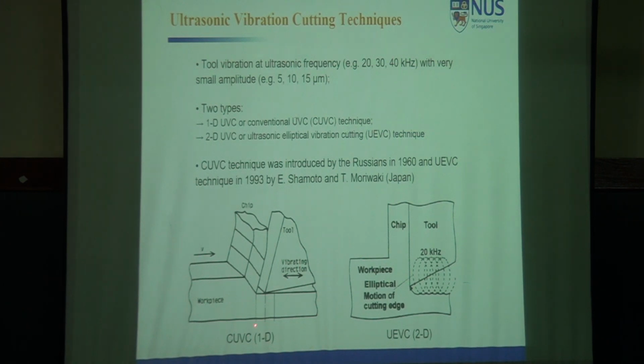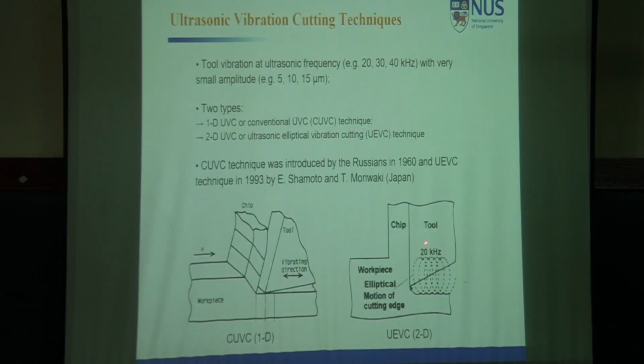Ultrasonic vibration device, one-dimensional, it is just moving in one dimension, hitting the tool at the same point, and tool wear is very fast, because the cutting force is large. When you move in an elliptical path, I will show the details, it contacts from here up to the stagnation point.